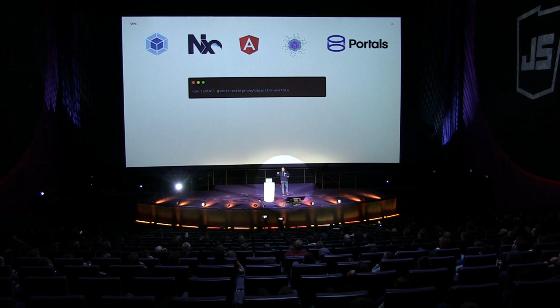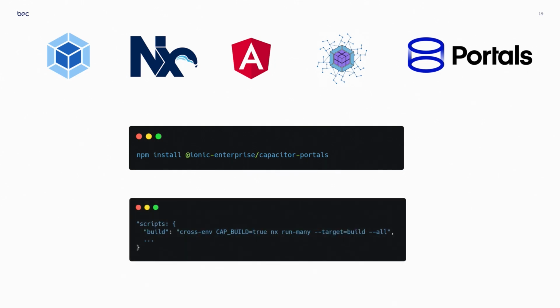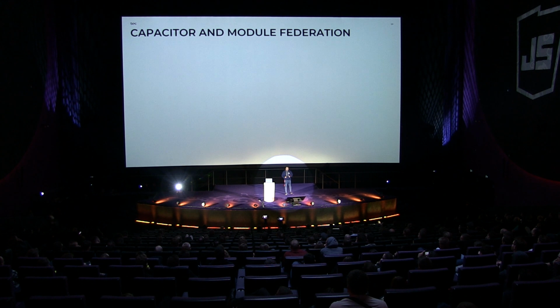So, a short elaboration on what you need. First of all, you need to have Ionic, right? You need to have Portals, so you have to install them. Apart from that, you also need to set up your build scripts to reflect Ionic. You also have to register your enterprise Ionic key, because that will allow you to generate future portals in your native application.